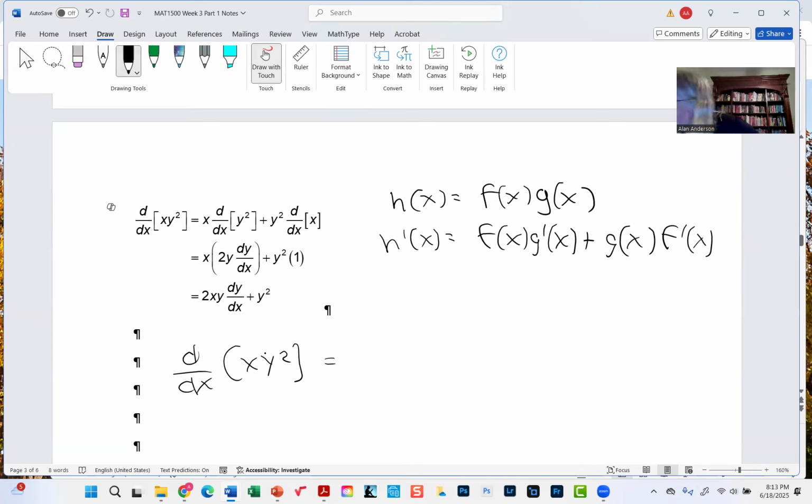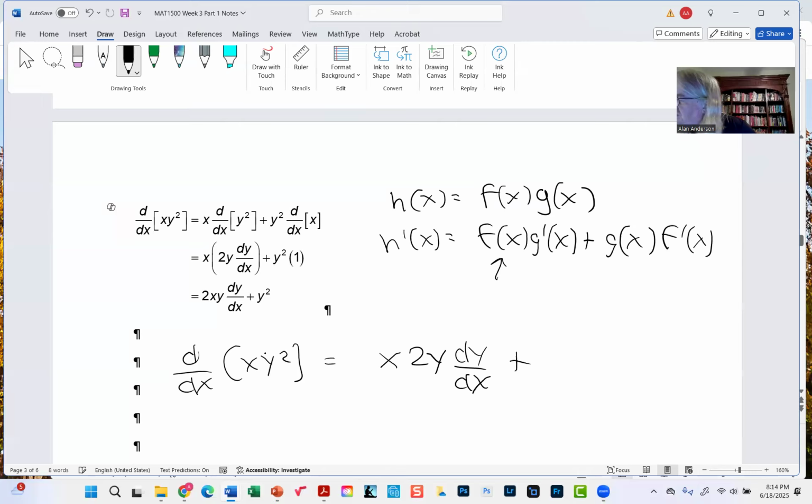So the first term is x, so we just write x. Then we need the derivative of the second term, which is y squared. And remember, based on what we were just doing, that's going to be 2y based on the power rule, but then we apply the chain rule and we have dy dx.